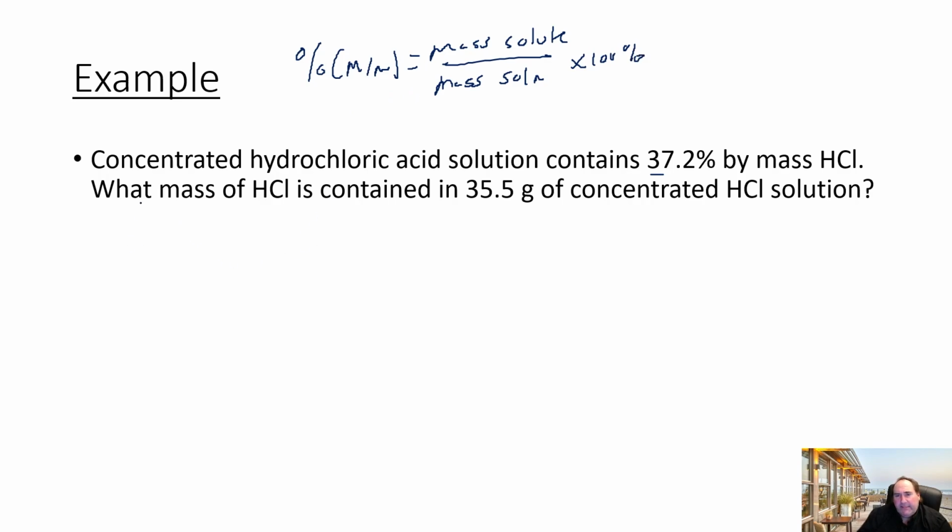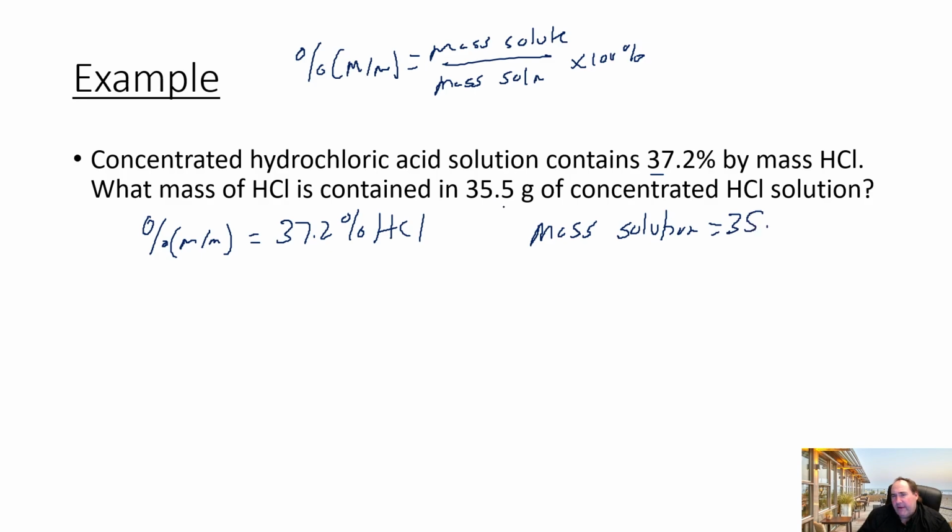Let's pull out our information here. We are given the percent mass to mass, which is 37.2% hydrochloric acid. We do have the mass of the solution, which is 35.5 grams, and we are looking for the mass of the solute.